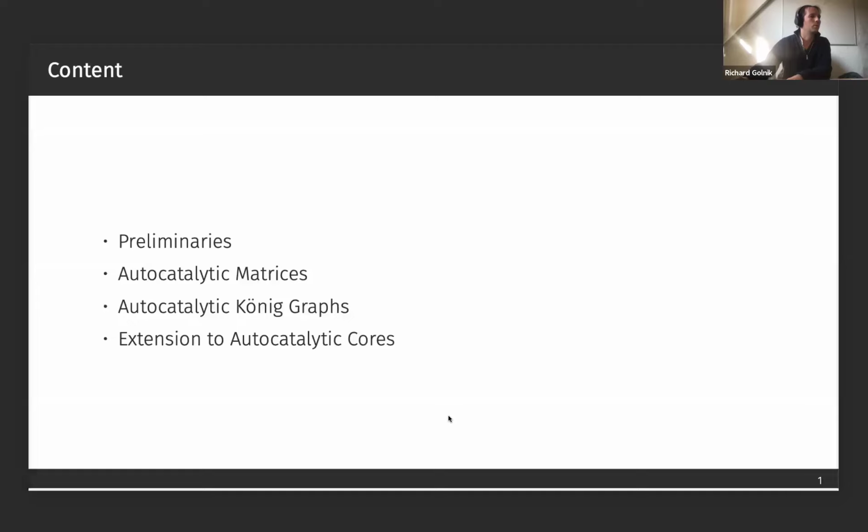And then I'm going to show you how our formalism or our algorithm can be extended to enumerate autocatalytic cores very fast, but I'm just going to give a small introduction into this.